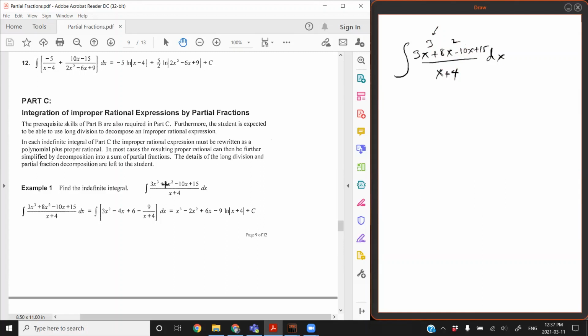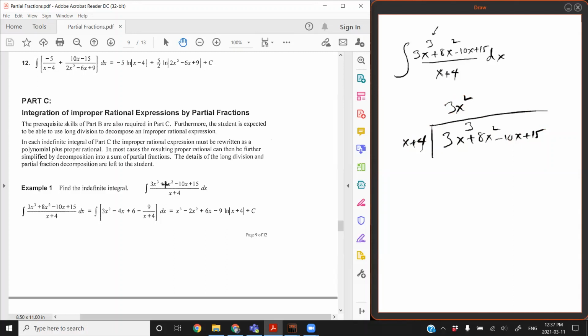In the case of an improper rational expression, what you need to do is long division. So 3x to the power of 3 plus 8x squared minus 10x plus 15, that's my dividend. I divide that by x plus 4. So what do I multiply by x to get 3x cubed? 3x squared.